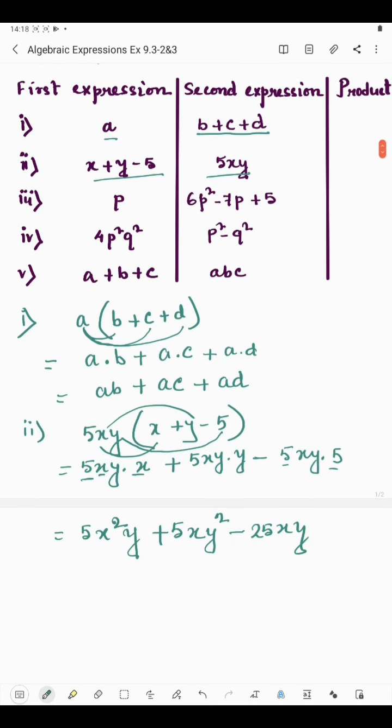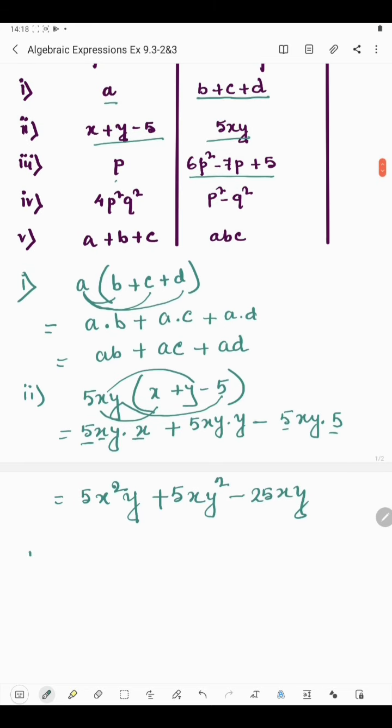Now in the third part we have p multiplied by the trinomial. The monomial should be multiplied by the trinomial, so we will write the monomial at first, and then we will put the trinomial within the bracket, which is 6p square minus 7p plus 5. Now gradually we will have to multiply the monomial with all terms present inside the bracket.